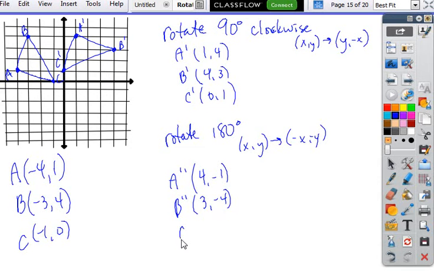And C double prime is going to be, what is that? 1, 0. Did I do something wrong? No. All right, 4, negative 1 would be there. 3, negative 4. And then 1, 0. Any questions on those?